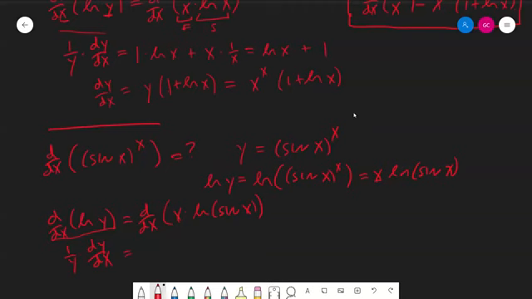So the derivative of x is 1, and then I keep the second function. Then I keep the first and take the derivative of the second. Well, the derivative of ln of sine of x, that's not ln of x, it's ln of a whole thing. So I get 1 over the whole thing times the derivative of that whole thing.